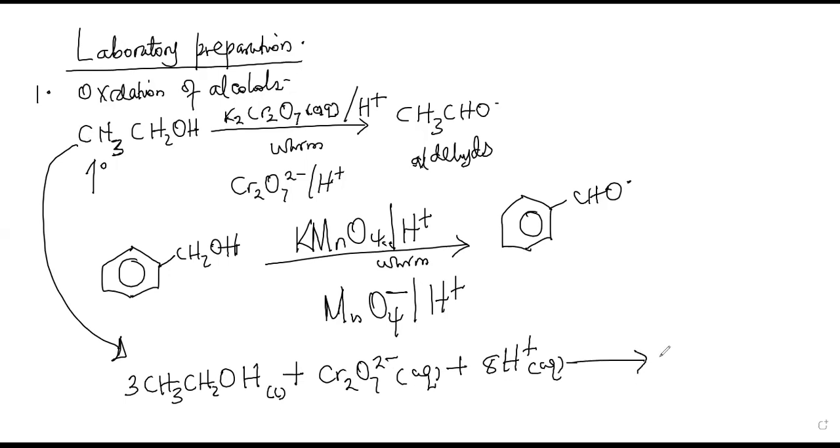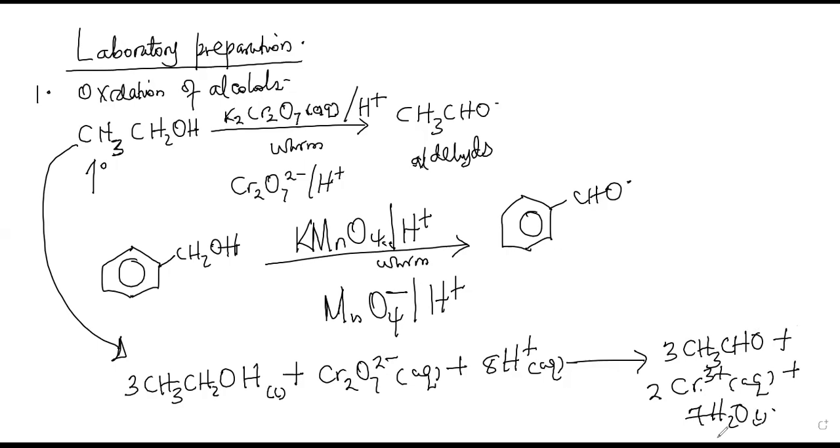The moment you warm that, we shall get ethanal. Then this one being a strong oxidizing agent, it is reduced to chromium(III). Should have a 2 here. Then water. So that is how one can as well use that equation.